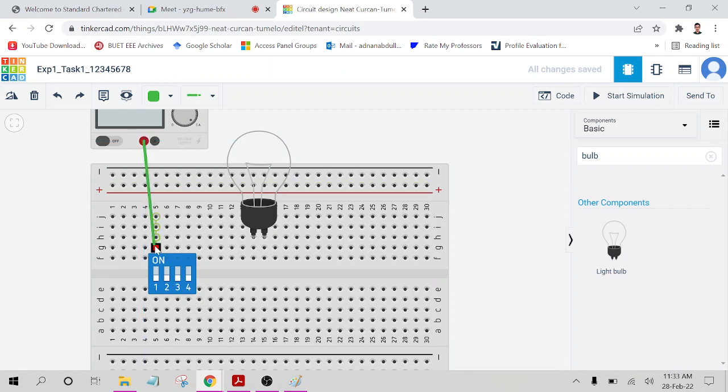This one should be connected with this terminal. But we will not use this long wire because we want to get the advantage of the breadboard. So what we can do, I am just changing the color of the wire for better understanding.